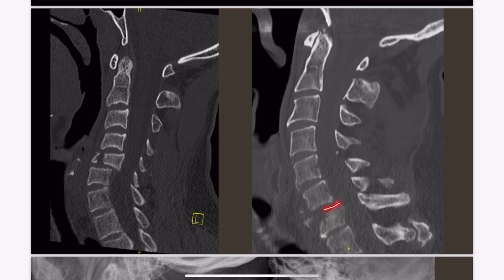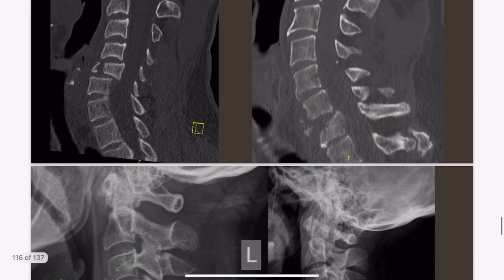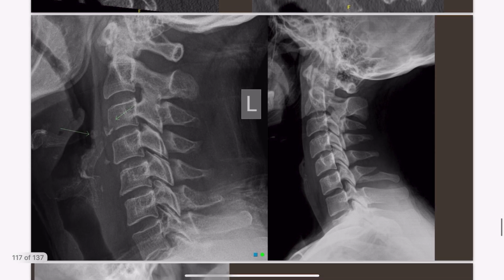It is not specifically compressed, but it is burst into different parts. So it is going to be a burst fracture of 1, 2, 3, 4, 5, 6, 7. C7 burst fracture.